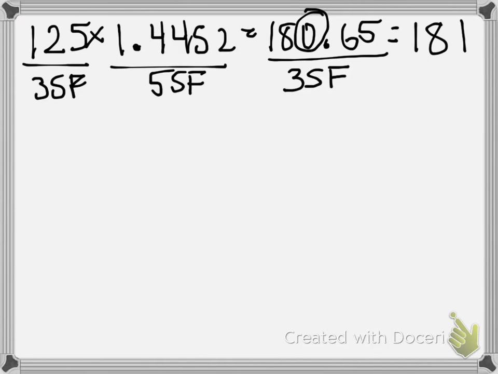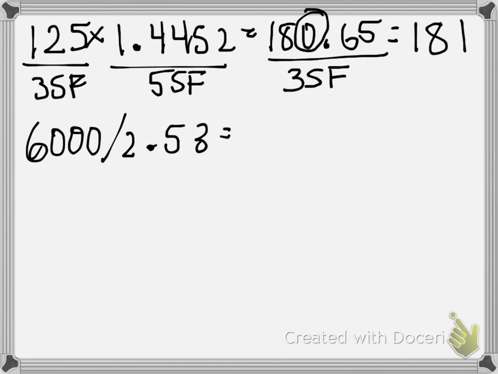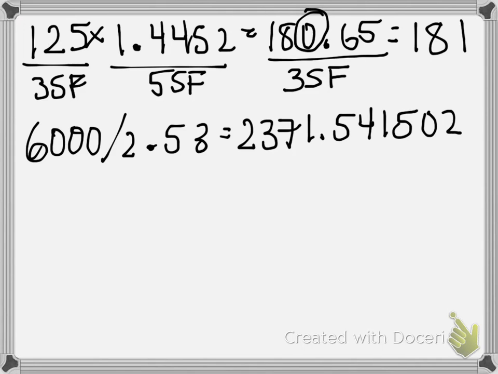And letter F, 6,000 divided by 2.53. Our calculator gives us an answer of 2371.541502. That's the pi number. Okay.